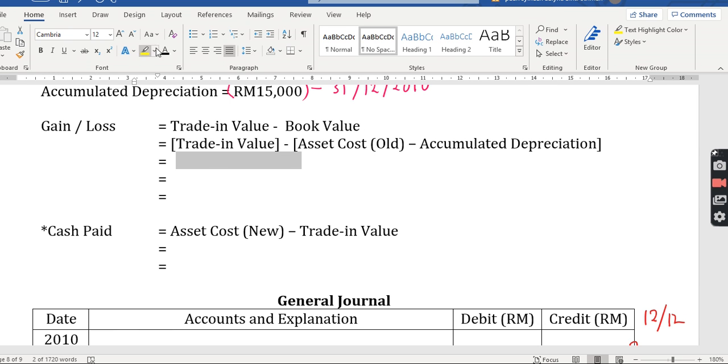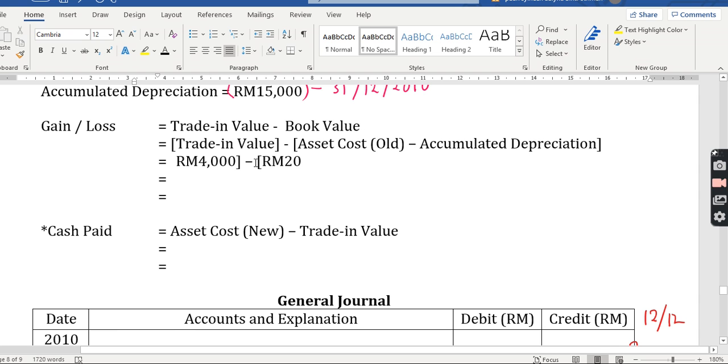Okay, and then we need to minus with the book value. Okay, book value ialah nilai aset lama, the old asset, minus the accumulated depreciation. So the old asset is 20,000, and the accumulated depreciation that is given in the question is 15,000.